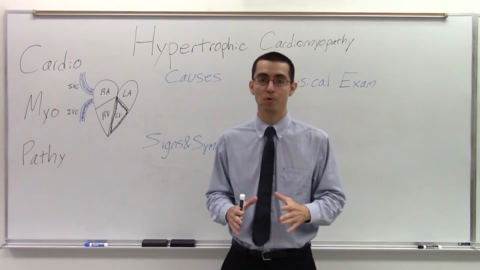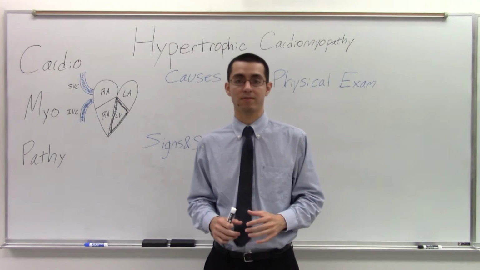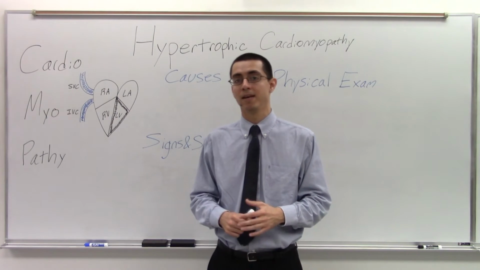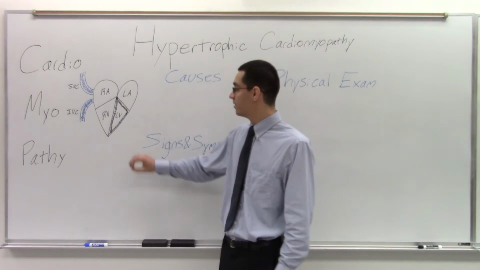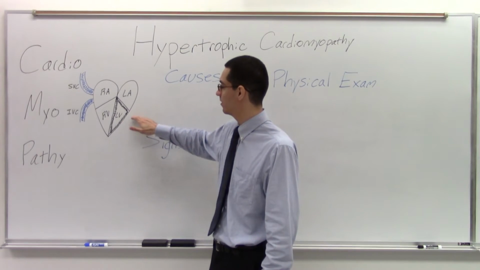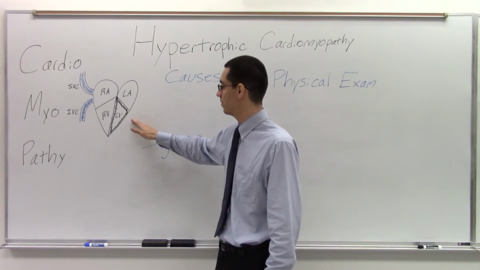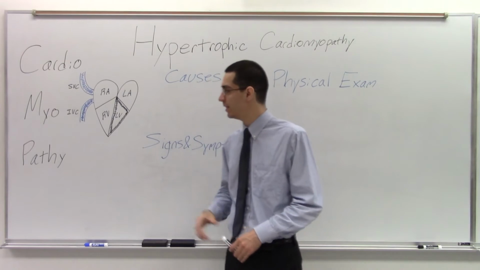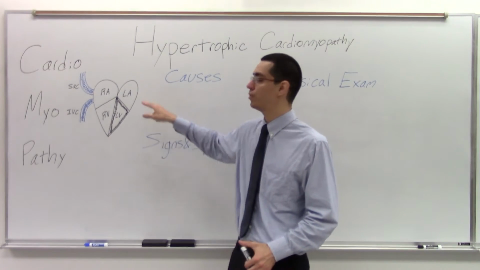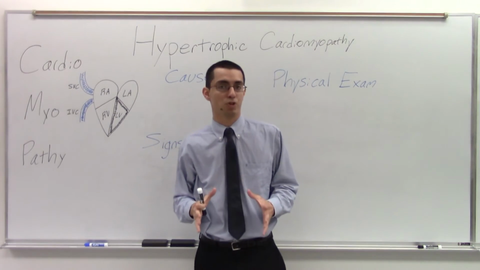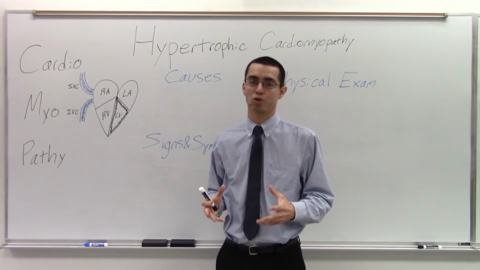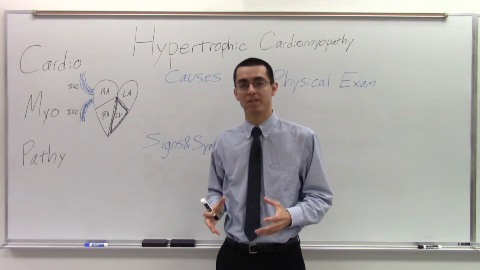For most people, this is a normal process. Keep in mind that there's already some degree of resistance that exists within the heart. The atria do not need to deal with as much resistance like the ventricles do because of gravity.